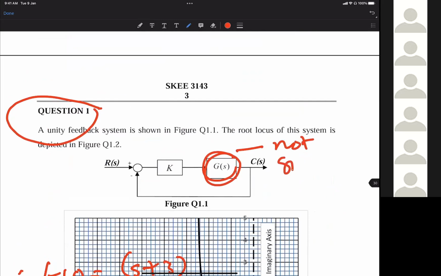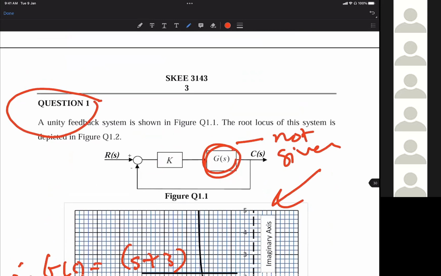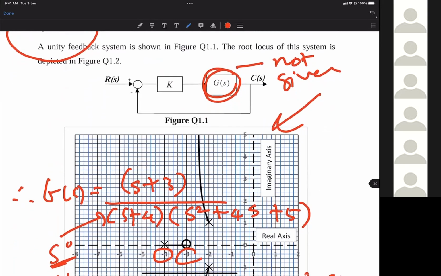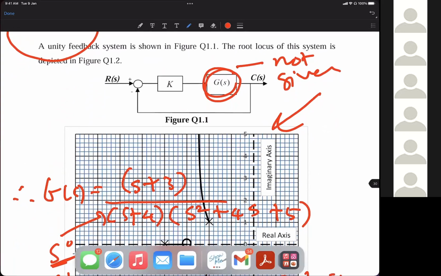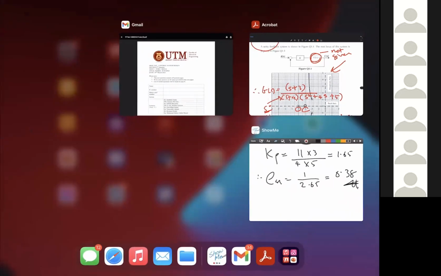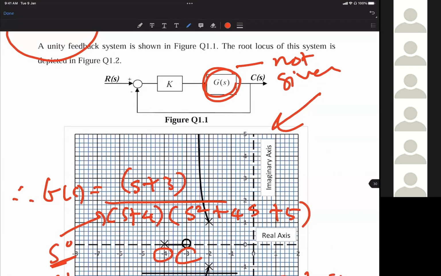So you have to find and derive it from the given plot. That's why you must be exposed to the past year test 1 questions so that you can see how they set the test questions. Did I answer your question? Yes, sir. Thank you.